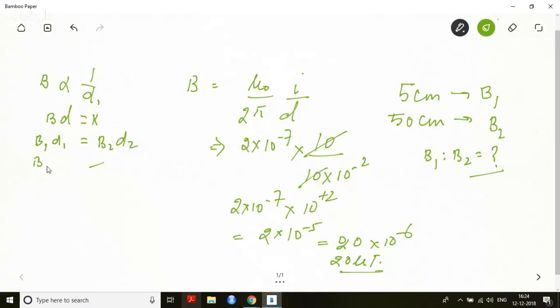So B1 by B2 is equal to D2 by D1. D2 is equal to 50, D1 is 5. So this is 10. So 10 is to 1 is the ratio. As simple as that. Okay.